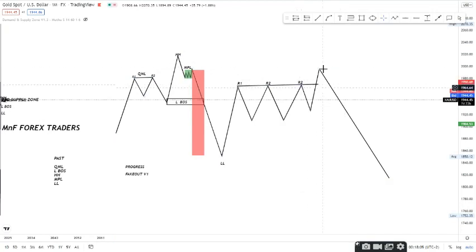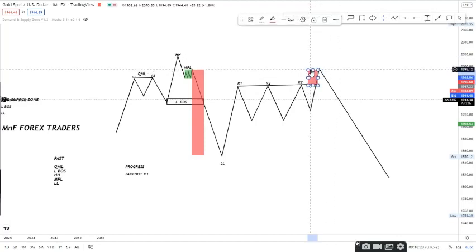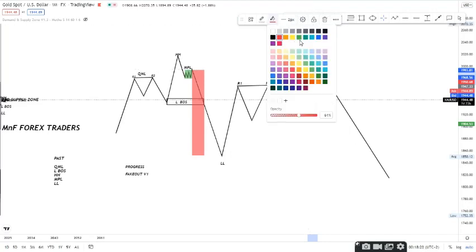One thing to note here: most of the time, you will realize that a nice big momentum candle comes to this level here.